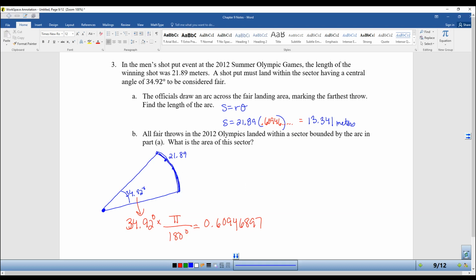But now the question is, what is the area of the sector? The area is 1/2 r squared theta. Interestingly, instead of just hitting times answer, you could have stored that value and then used it again in its entirety without having to type it in.